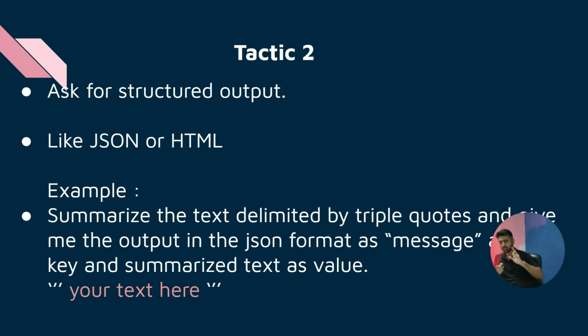You will either need a JSON format so that you can use it somewhere else, or you will need HTML. Using HTML, you can directly display that data on your website, for example. You can specify what the CSS of the HTML should be, etc., in your prompt. This is tactic number two.